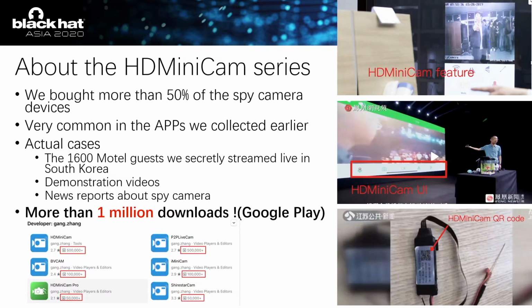Besides, they can be judged as the HD Minicam series via the camera UI, as well as the UI image in several news reports. There are more than 1 million downloads on Google Play, not counting other application markets.